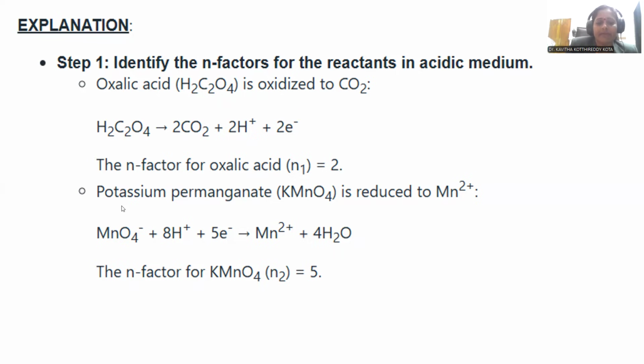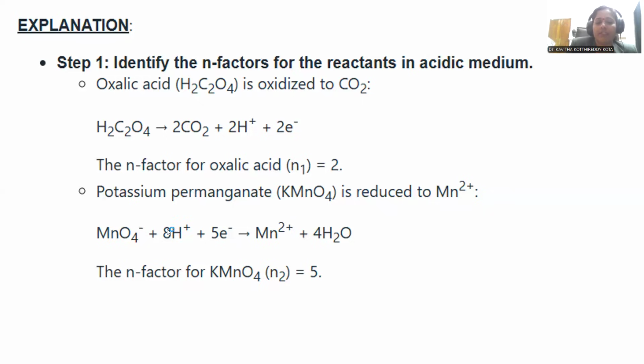In the case of potassium permanganate, that is KMnO4, after the completion of the reaction in this titration process, KMnO4 is converted into Mn2+, where KMnO4 reacts with 8 H plus ions, and it is able to consume 5 electrons, and Mn2+ will be generated. 4 water molecules will be formed.